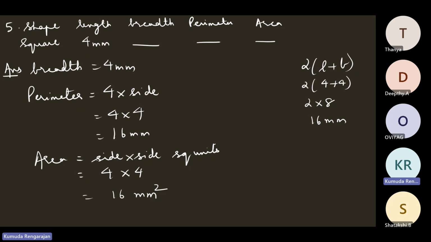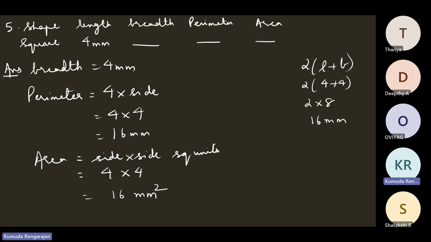No, perimeter is not given, no? So how will you find the semi-perimeter? Supposing the perimeter is given and you treat the square like a rectangle and you find the semi-perimeter, you will get the same answer. But I have done in the method which you gave me. Yeah, this is the correct method.